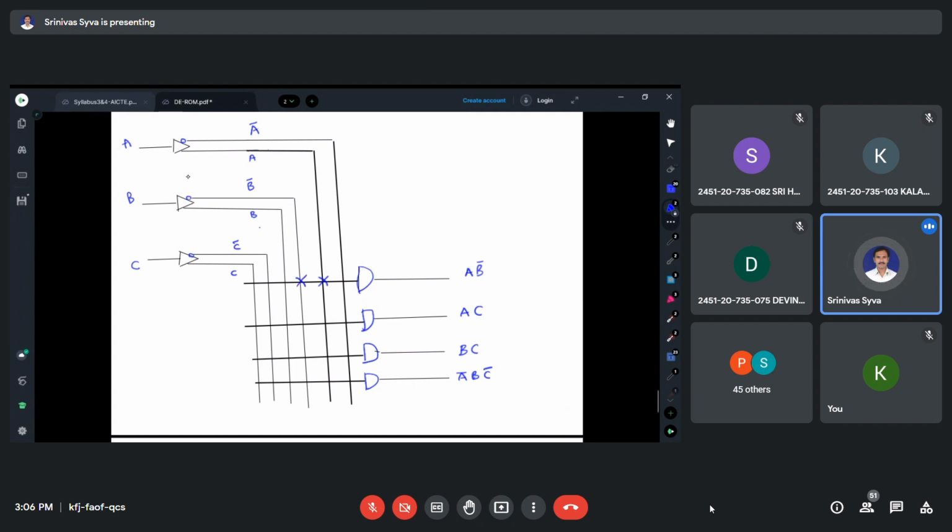Next AC. So here A, C. Next BC, B, C. Here A bar, B, C bar. A bar means here connection. B, C bar.